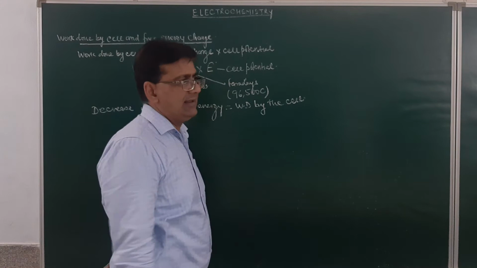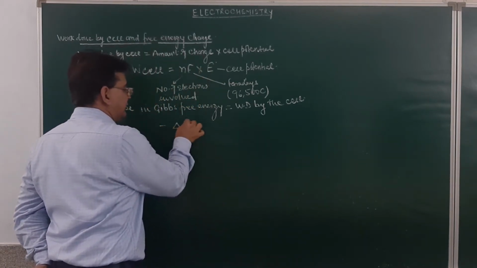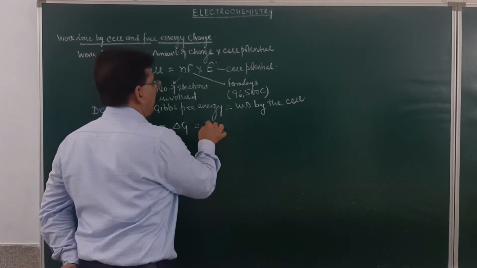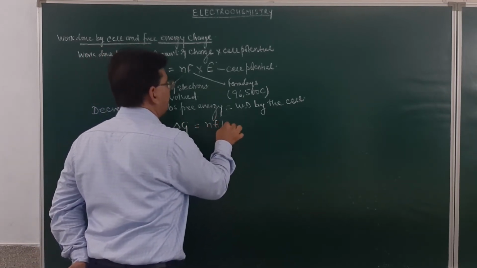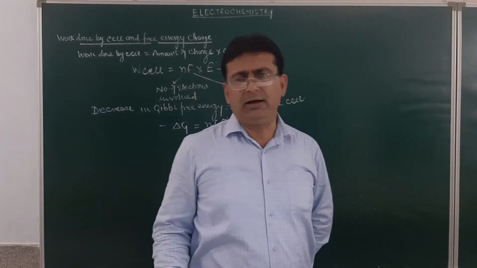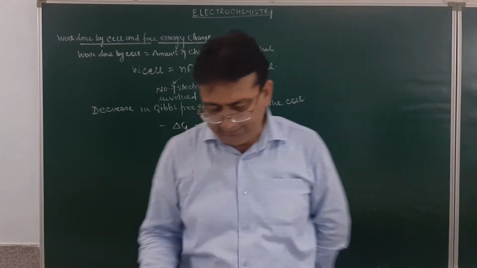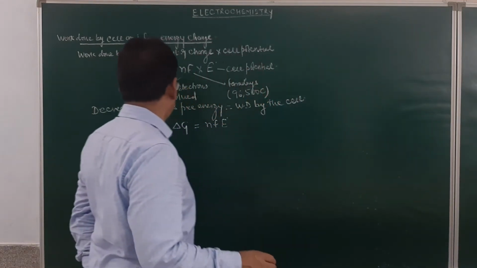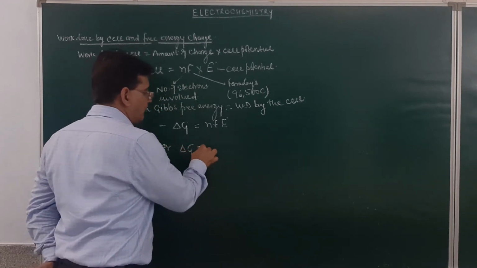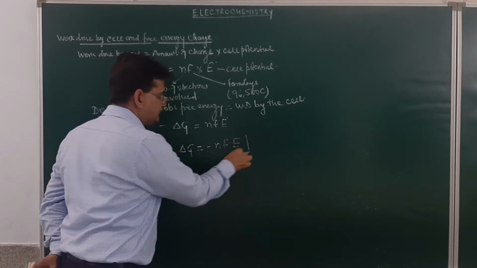Now, decrease in the Gibbs free energy will be given by the symbol minus delta G. And what is the work done by the cell? This will be equal to N into F into E, where E is the cell potential. Or we may say delta G will be equal to minus N into F into E.